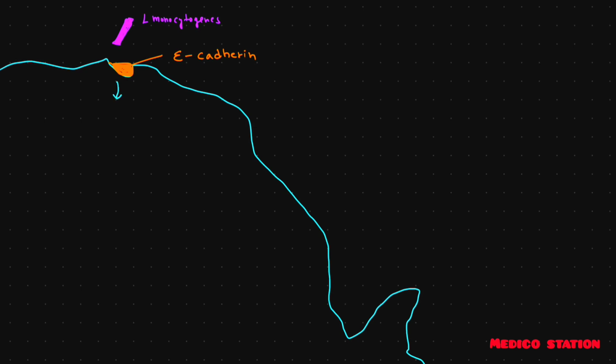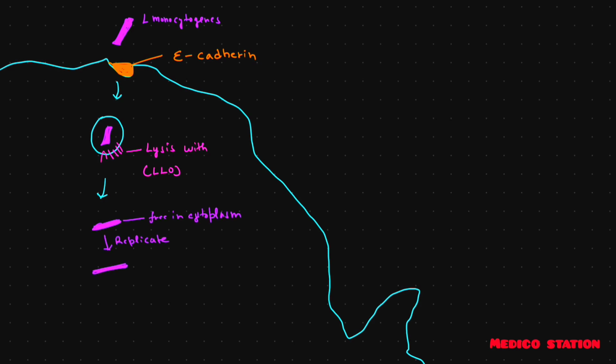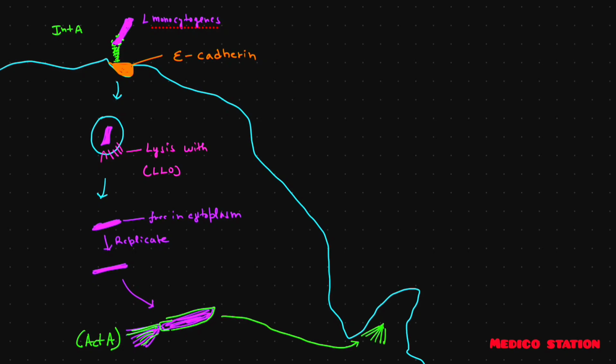It interacts with E-cadherin and moves inside the cell, where it is engulfed by the phagosome, but it causes lysis of the phagosomal membrane and moves out with the help of listeriolysin O. It moves freely into the cytoplasm and replicates itself, and with the help of ActA it moves across the cytoplasm towards the cell membrane and moves into another cell.